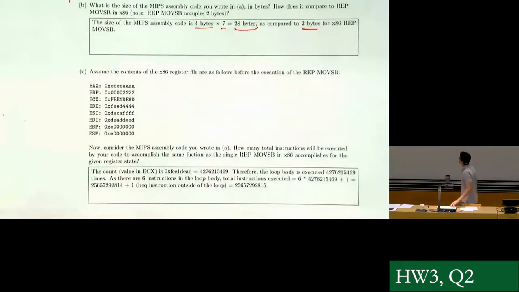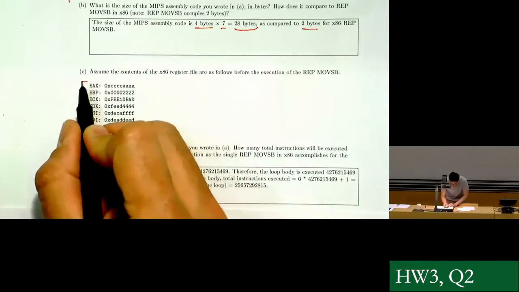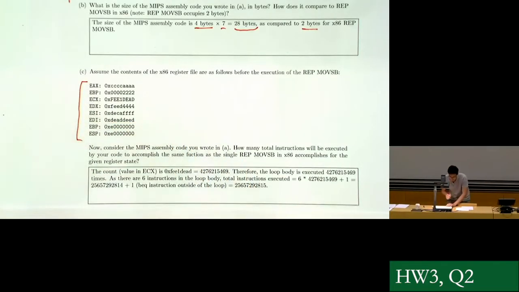Part C says, assume the contents of the x86 register file are as follows before the execution of this instruction. And these are our registers, the content of these registers.